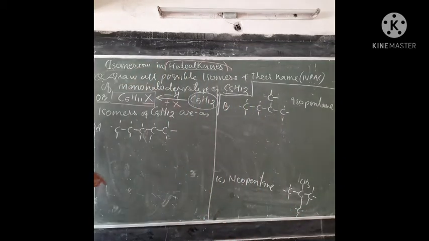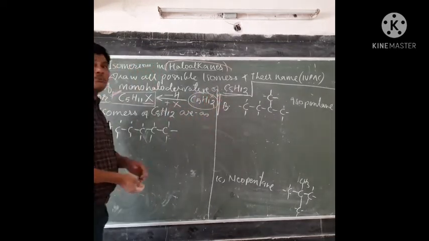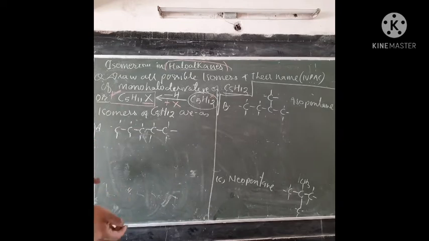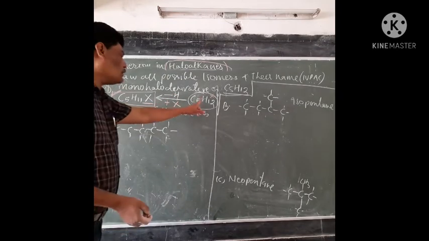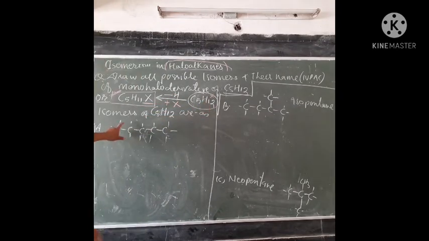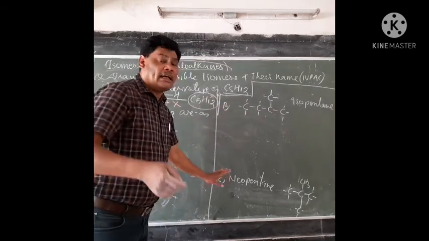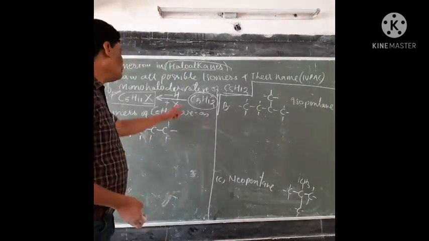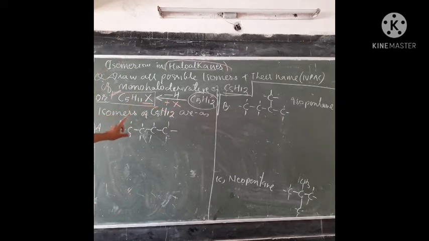The question is that we have to write the isomers of the halo derivative, not of C5H12. But to make it simple, I drew the isomers of C5H12: 1, 2, and 3. Now I have to put X in different positions, taking all the possible positions. If I put X in normal pentane, there are 3 possibilities.